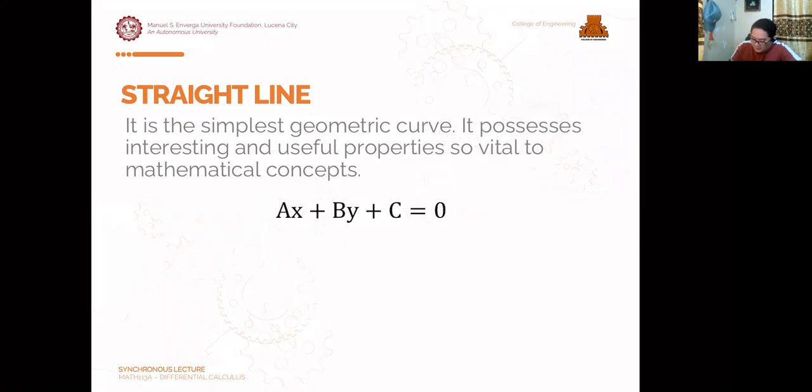So we have by is equals to negative ax minus c, and then we try to divide both sides of the equation by b. So divide natin by b para ma-isolate natin si y. So makukuha natin na si y is equals to negative a over b x minus c over b. So same lang yan ng form nung nasa taas. Pinaghiwalay ko lang yung term, no? Kasi may common denominator sila, pwede natin paghiwalayin yun.